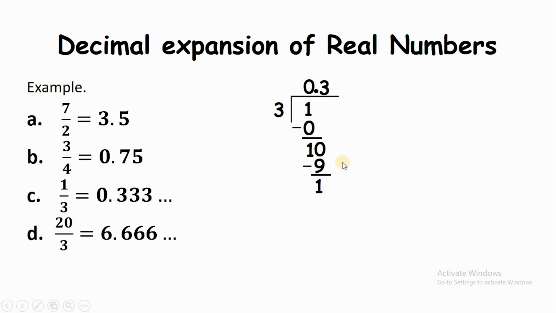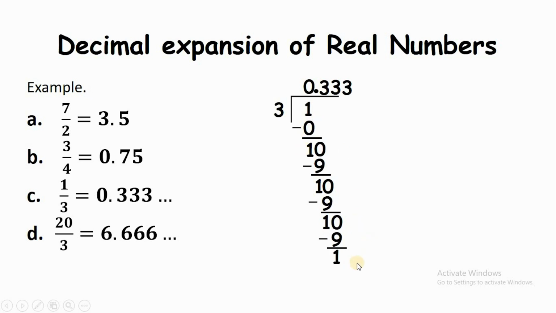Since the point is already added, you can add 0 here, and 3 3s are 9. Again you'll get remainder 1.